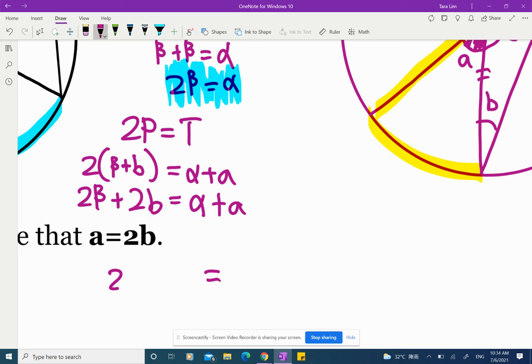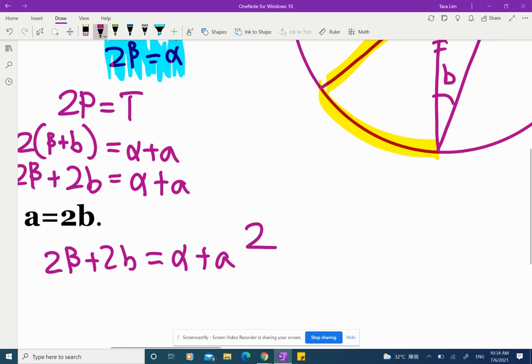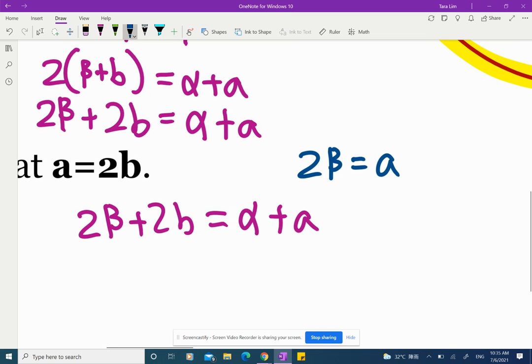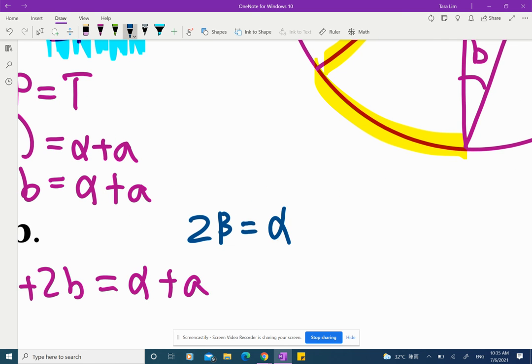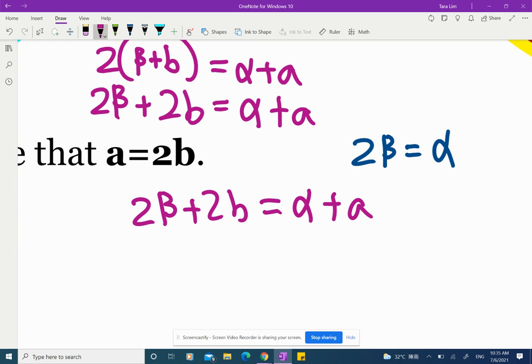Let me just rewrite this. 2 beta plus 2b is equal to alpha plus A. And let me just use another color. 2 beta is equal to A. So let's find 2 beta here. Aha, here is 2 beta. And 2 beta is equal to A. No, alpha, sorry. That was my mistake. So 2 beta is equal to alpha.